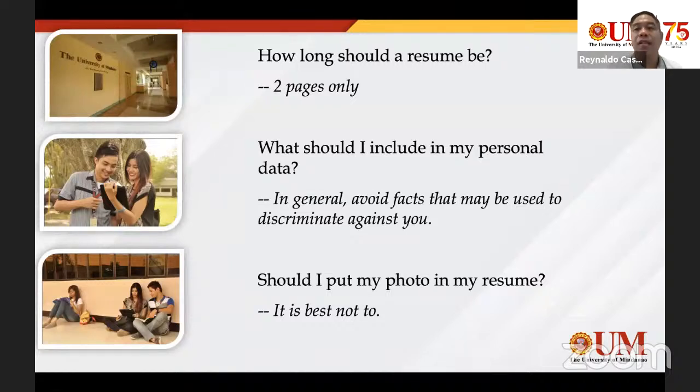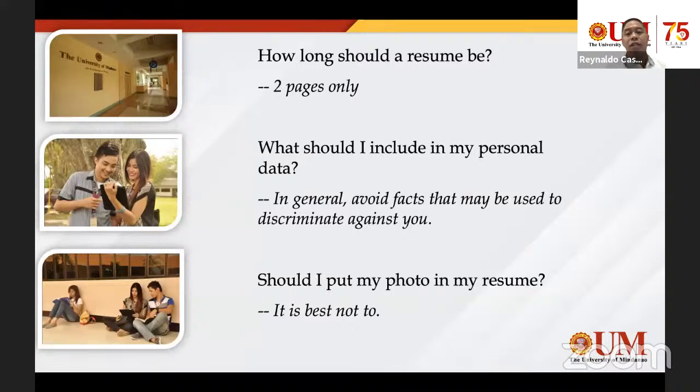And in most cases, you will apply for an entry level position. You will not apply for a middle level or managerial position. You're not going to do that. You're going to apply for an entry level position.